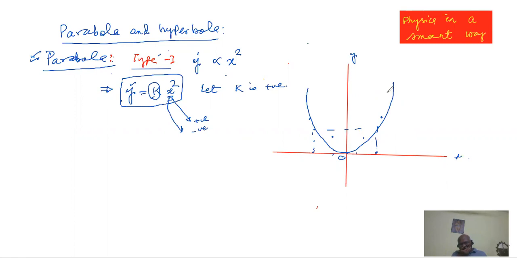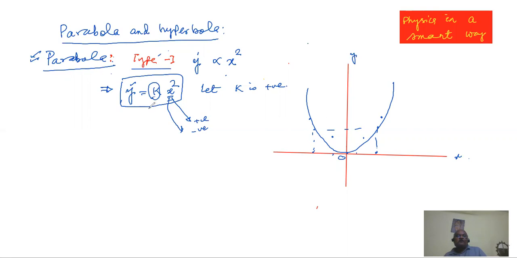It is a U type of curve. You might have seen, I am not sure, some monks, Hindu monks especially, put special sandalwood marks on their foreheads, and that is a U-shaped curve. They usually keep it in the U shape, and that looks parabolic. Okay, so this is the typical shape of a parabola where x can be plus, x can be minus, and y is plus.